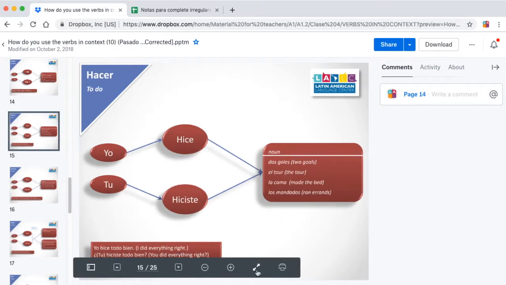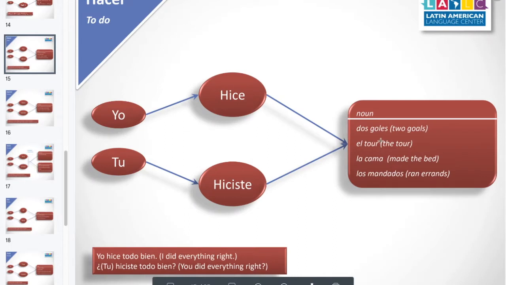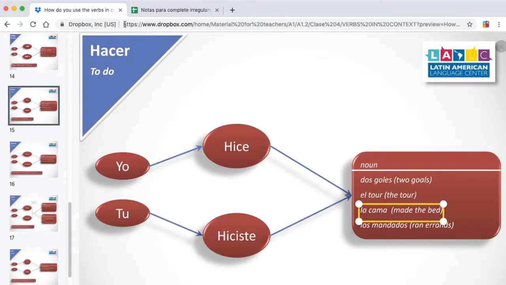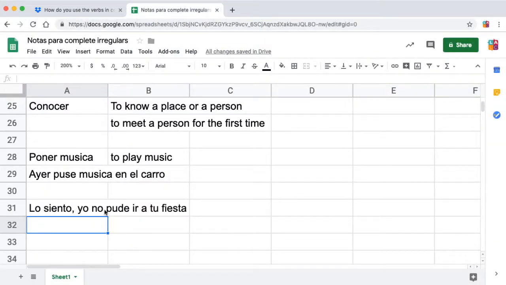So then hice, hacer, you can do two goals like in football. La cama, to make the bed, we use it, right? For example, yo hice la cama hoy a la mañana, which is true. I made my bed this morning. So hoy means today, hice la cama. See? Or esta mañana, this morning, hice la cama.